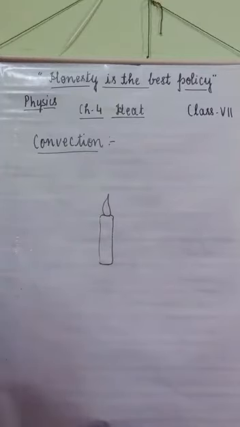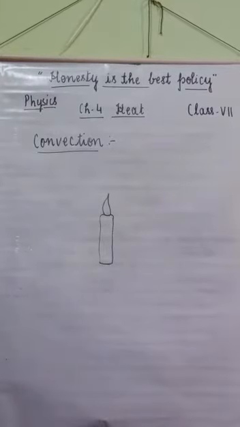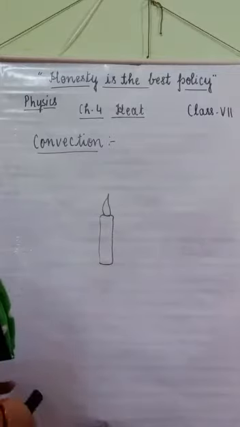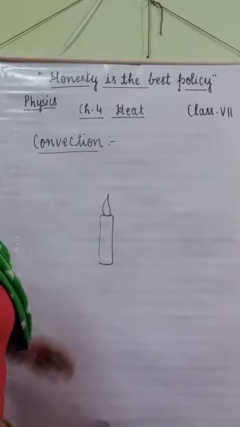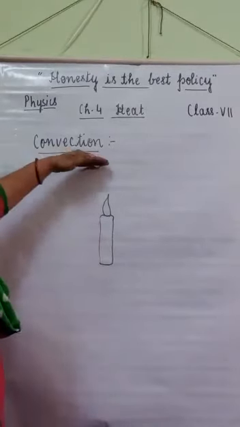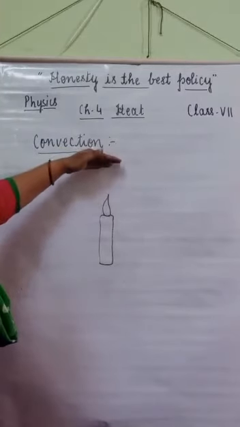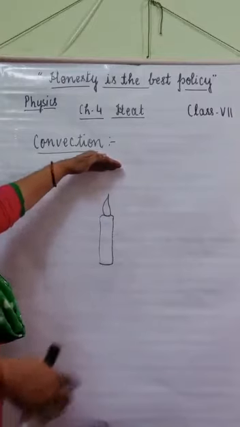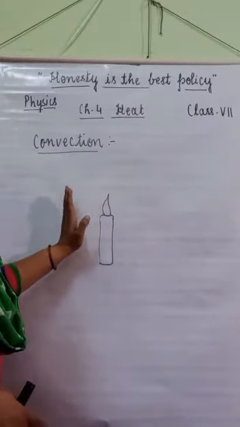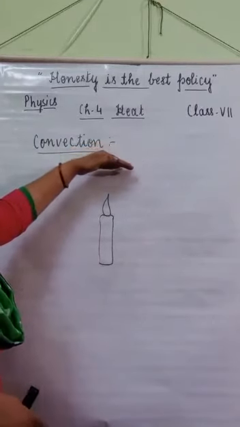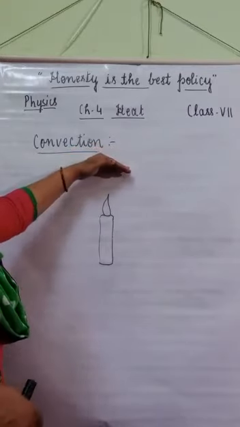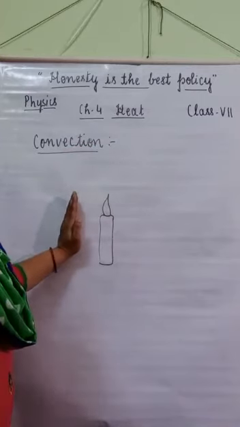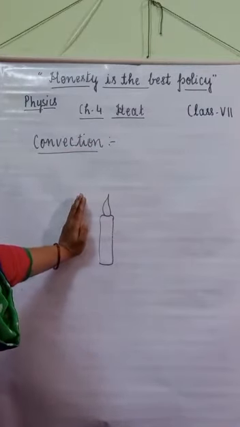We can show this by an activity: we take a burning candle and put one hand above the top of the flame and one hand at the side. The hand at the top of the flame feels hot, and when we put the hand at the side of the candle, we do not feel hot.